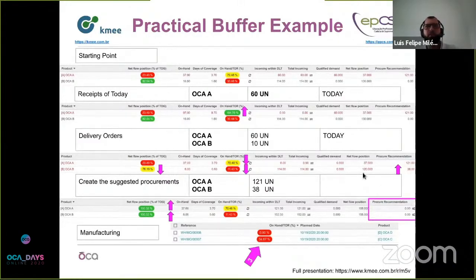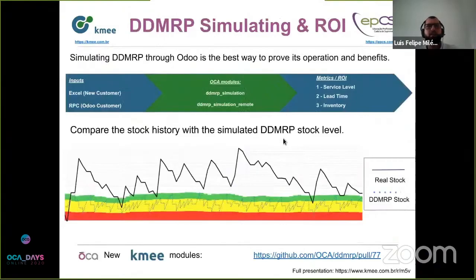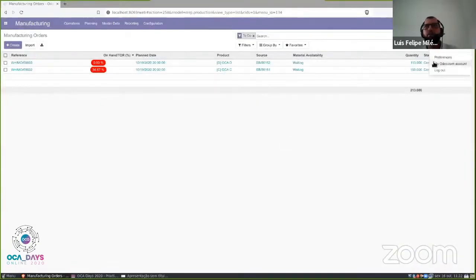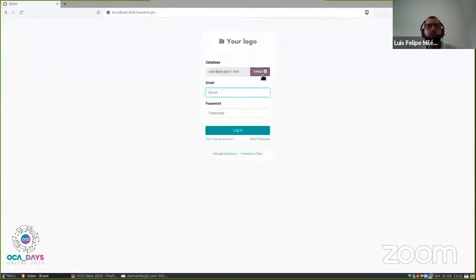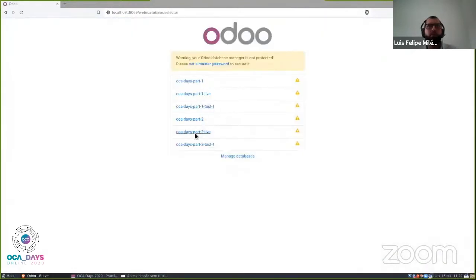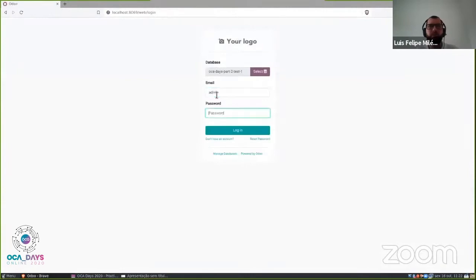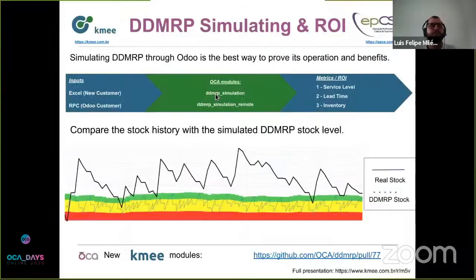Okay, and now I'm gonna show you a little about another model that we're using to validate the DDMRP simulation. It's a very good way for you to start your implementation.